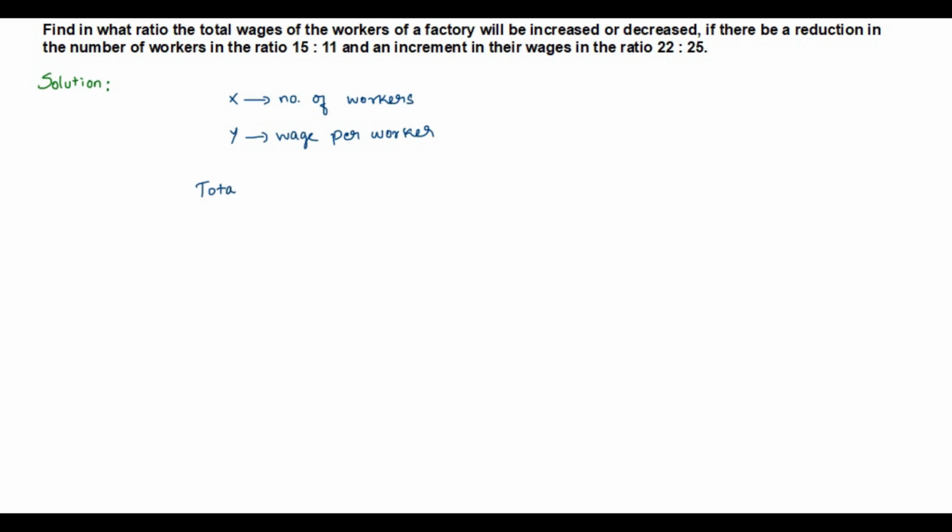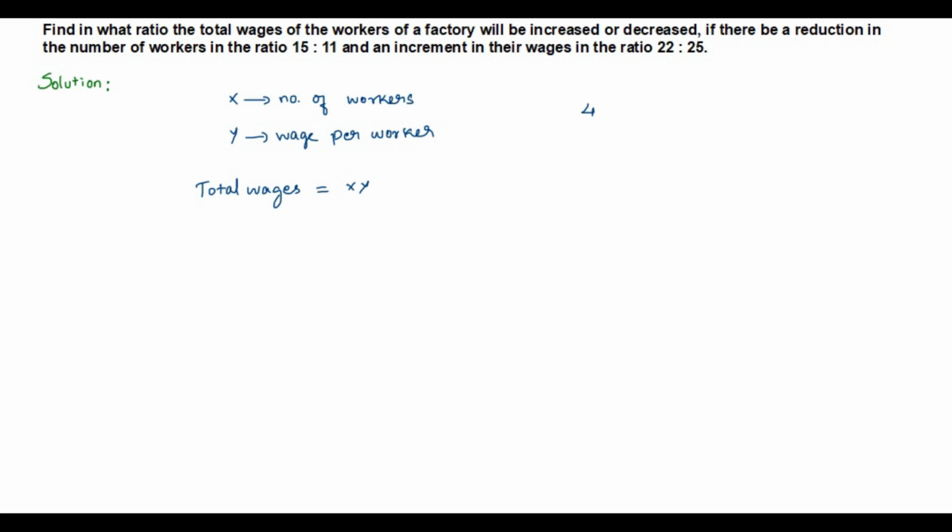Then total wages of all the workers in the factory is equal to number of workers times wage per worker, that is X times Y. Here some students will get confused about this product X and Y. It's very simple.